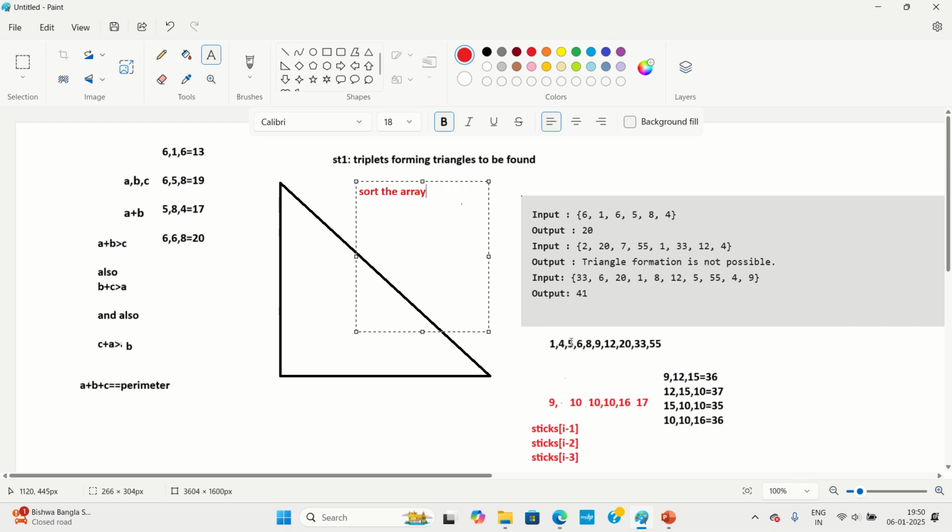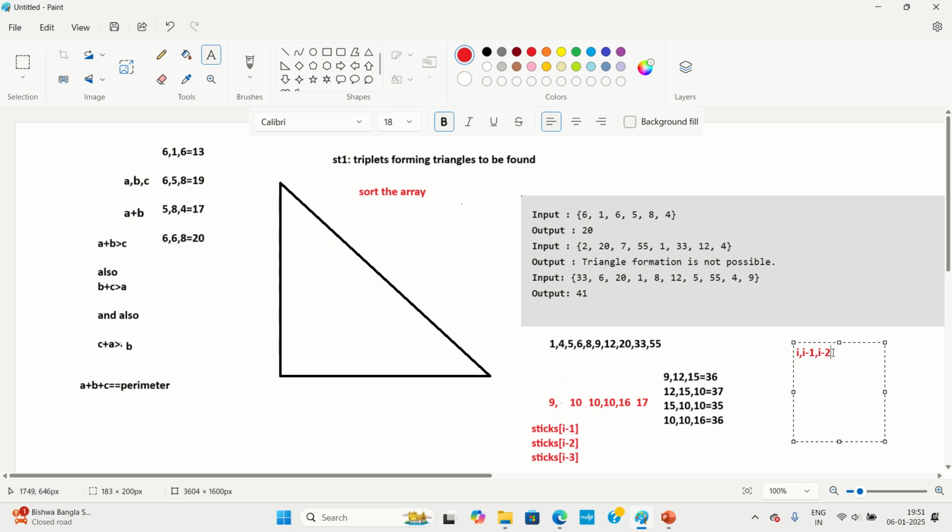Hence, I need to travel up to index 2. Here we are going to consider sticks of I minus 1 and I minus 2.